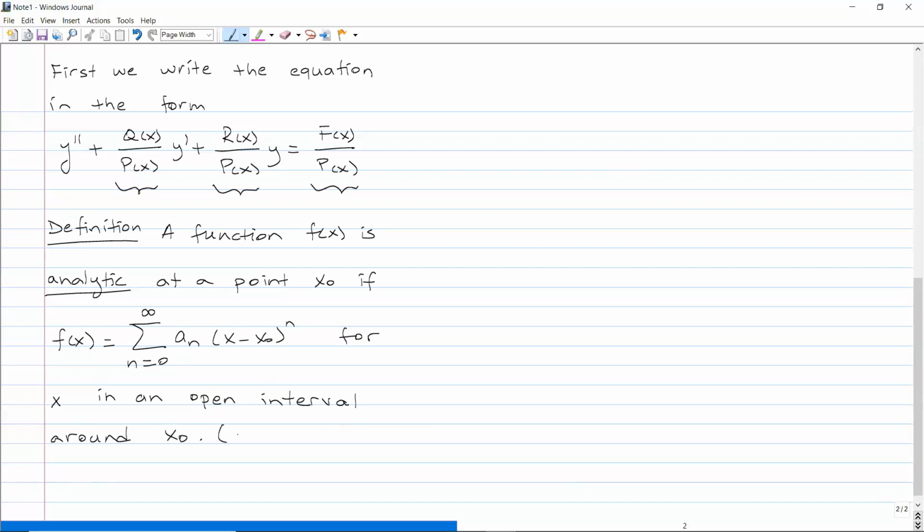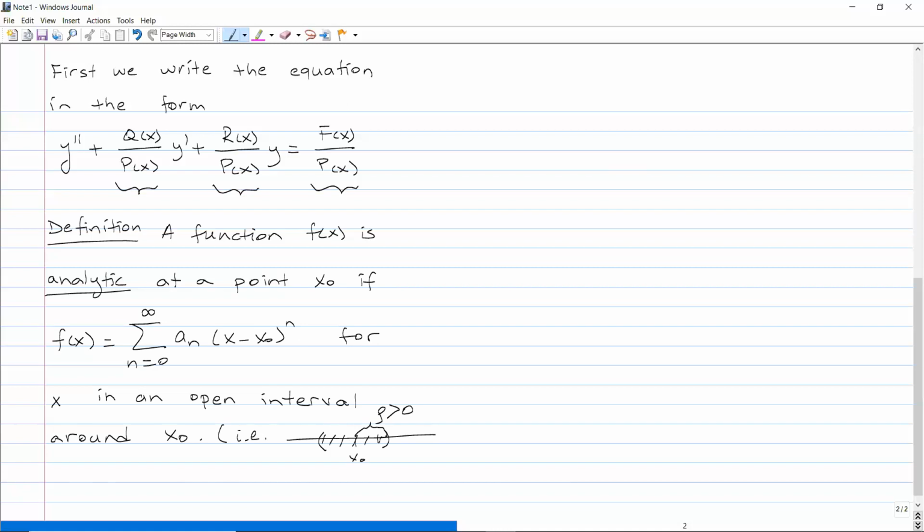So this means we take the point x0 and we find an open interval centered at x0. This number here is what we call rho, if you remember from calculus course, the radius of convergence of your power series.